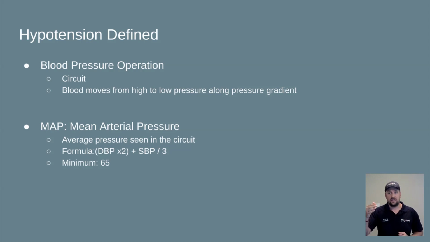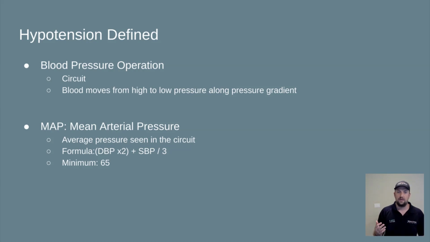And so the blood simply moves along this concentration gradient until it's even. If the aorta is the really high pressure side, then in the right atrium and right ventricle, it's very low. So the blood moves forward towards the right side of the heart through the circuit, moving from high pressure to low pressure until it's even.